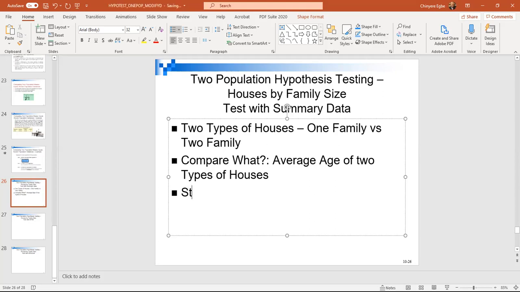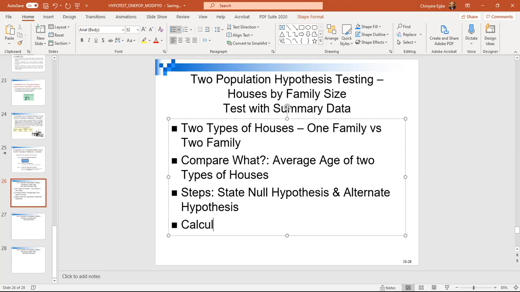The steps, as usual. We state the null hypothesis and the alternate hypothesis.